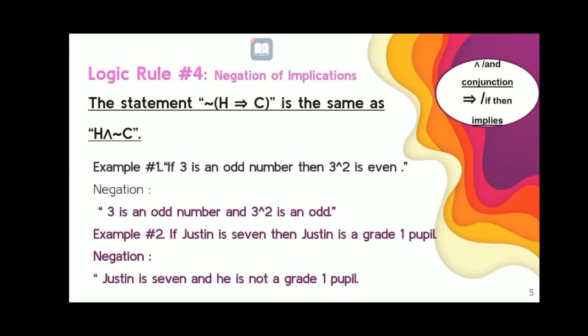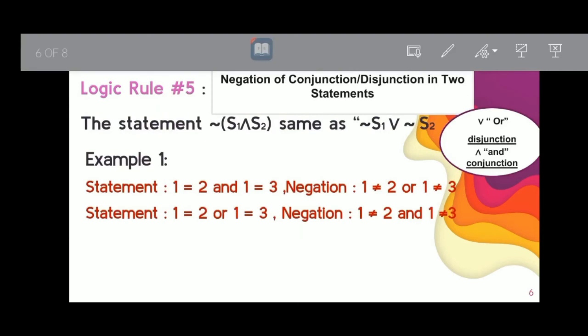So that's it, guys, for rule number 4. Rule number 5 is the negation of a conjunction, represented by and, and a disjunction, represented by or, in two statements. The negation of first statement and second statement, or a sub 1 and a sub 2, is logically equivalent to negation of the first statement or negation of the second statement.